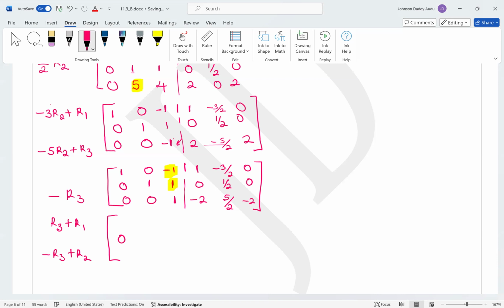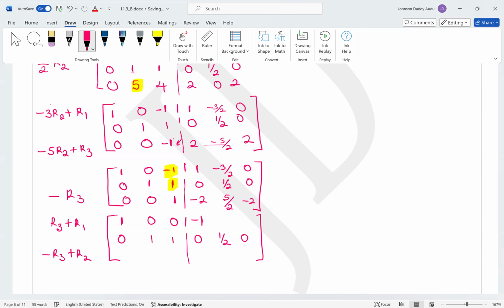So this will still remain as 0, 1, 1. And this is 0, this is half, this is 0. Now here, this will be 1, 0, 0. And this is minus 1.